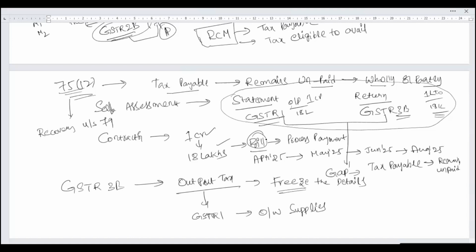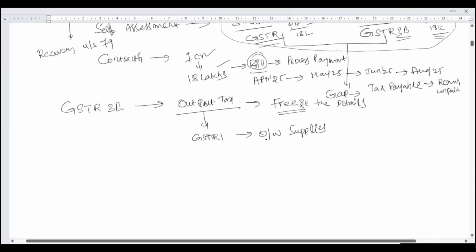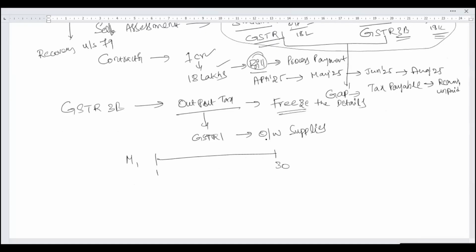Now, if you look at the dates, say for month 1, assuming it starts on 1st and ends on 30th, my GSTR1 compliance. In month 2, my GSTR1 has to be filed on or before the 11th of month 2.